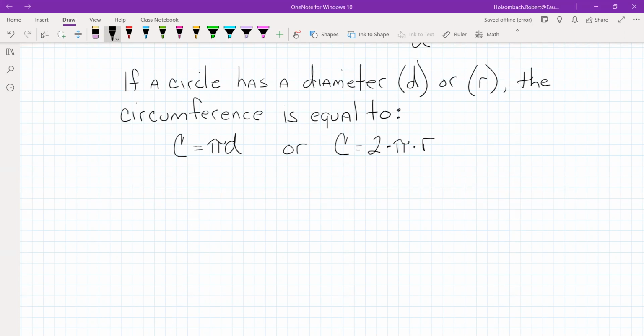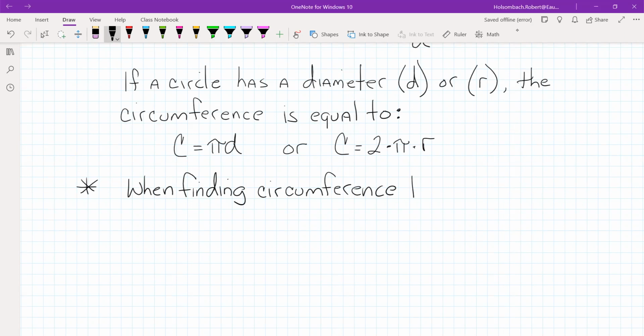And we're going to say this: when finding circumference, list two answers.